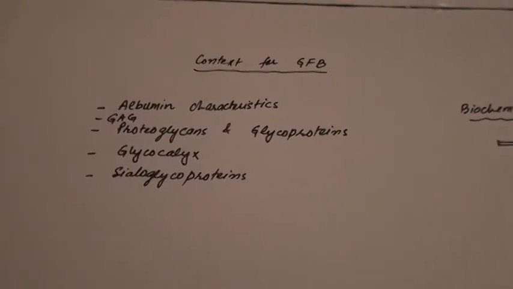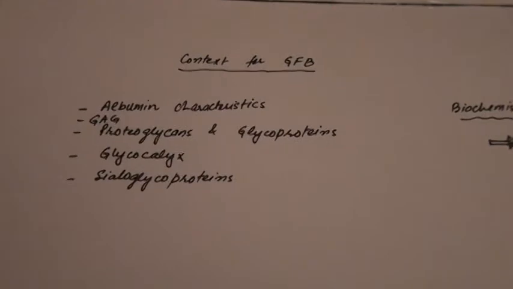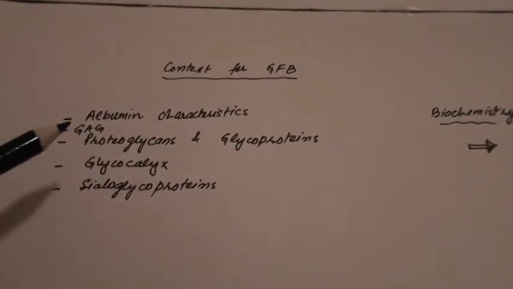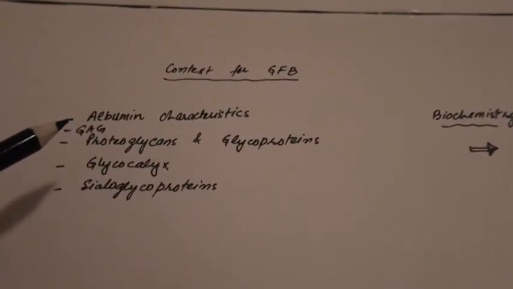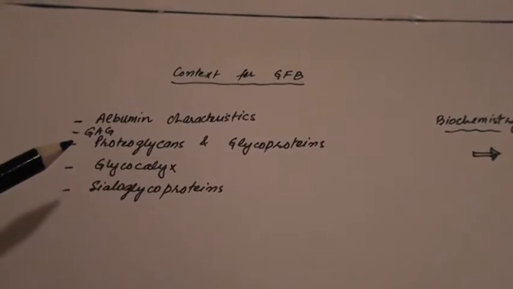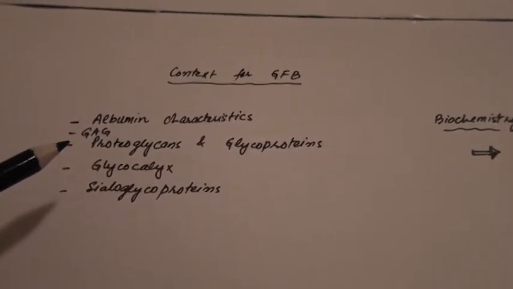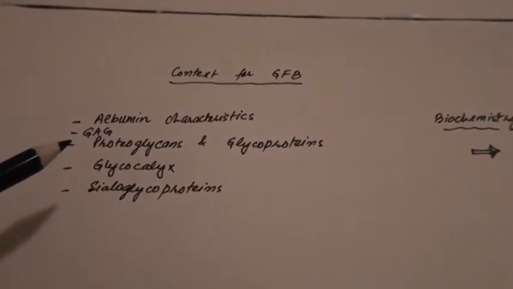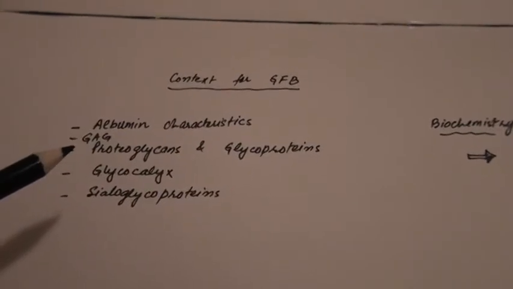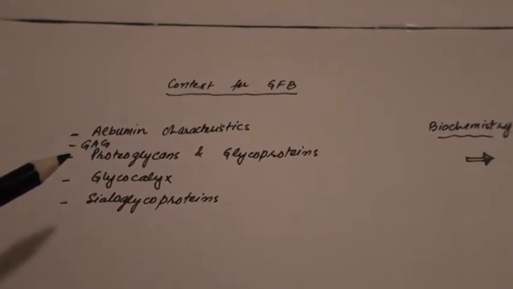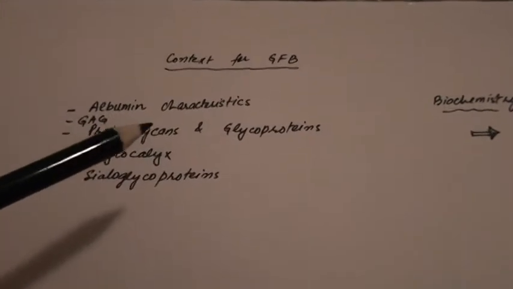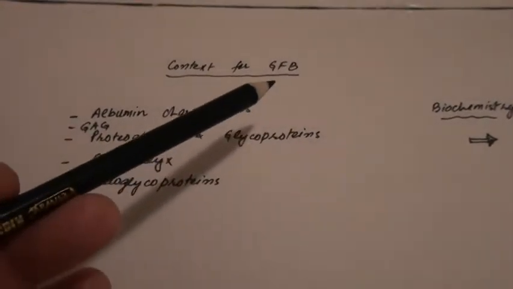So the important things to understand in our context are: number one, the characteristics of the albumin; number two, characteristics of glycosaminoglycans, what are these things and how do they operate in our context for the glomerular filtration barrier.